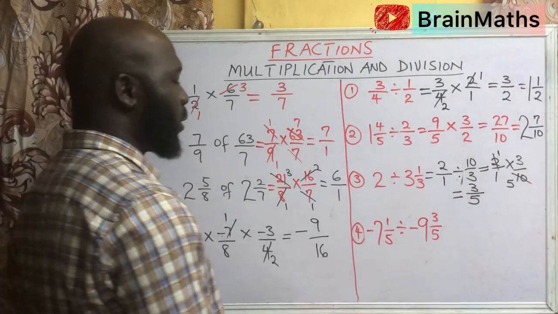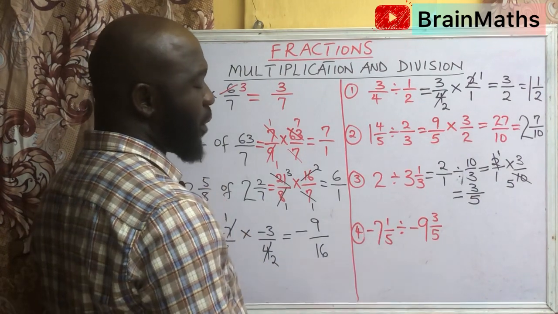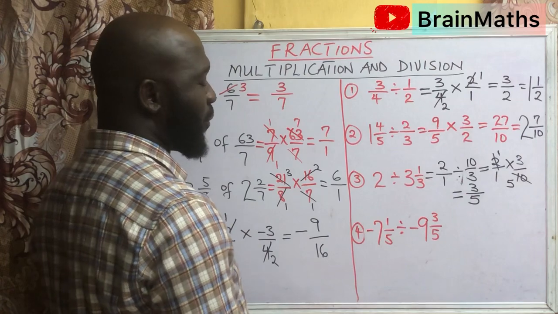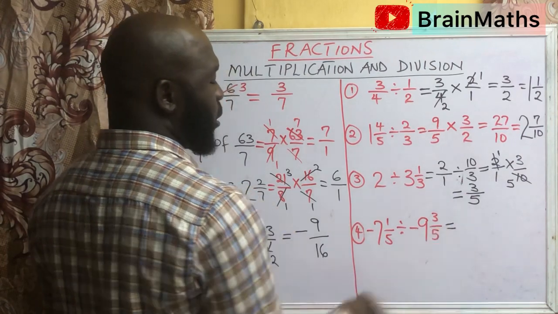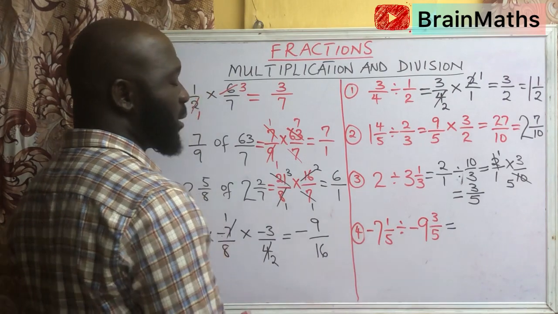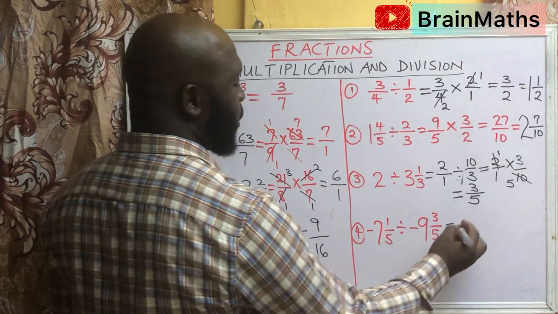Then the last question says minus 7 whole number 1 over 5 divided by minus 9 whole number 3 over 5. So the first thing first, we take the two of them to their improper format. 7 times 5 will give 35, plus 1, 36.